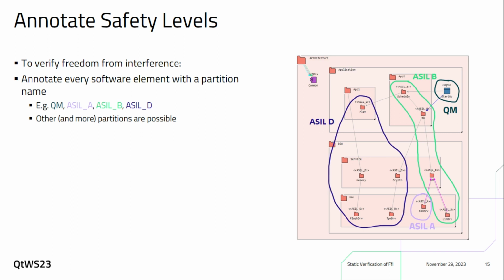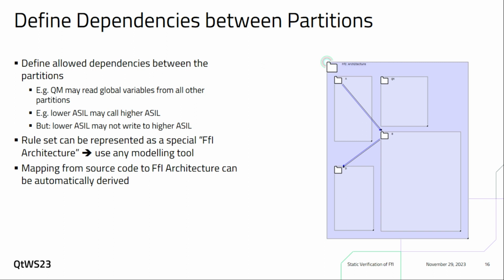And the rest, no, there's one step more that has to be defined. You need to tell the system what are the expected operations between the different safety levels. So, for example, in this example, we have an ASIL A, and that may have some access to ASIL B. Calls are allowed in this example, or we have some example here.